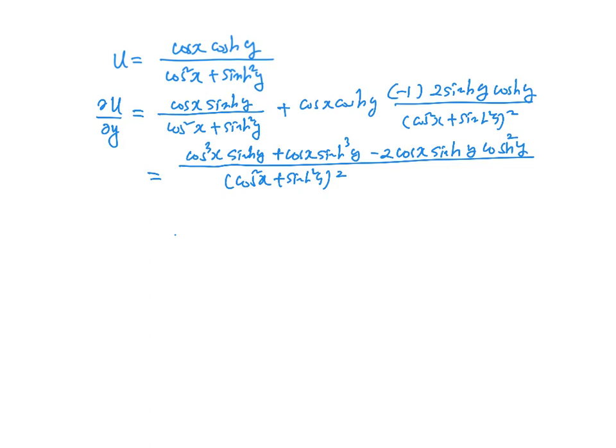So if we put them together, the first term is cosine cube x sine hyperbolic y. The second term is cosine x sine hyperbolic cube y. And minus cosine x 2 sine hyperbolic y.